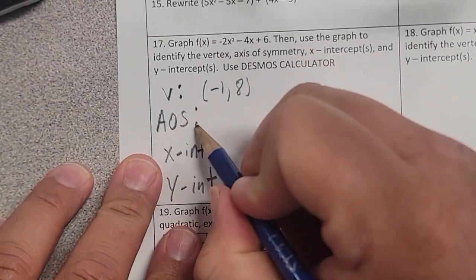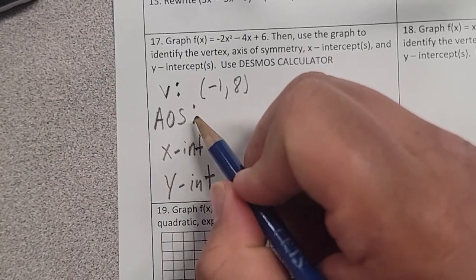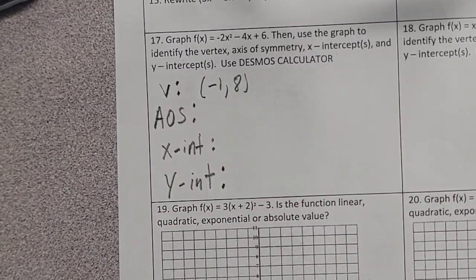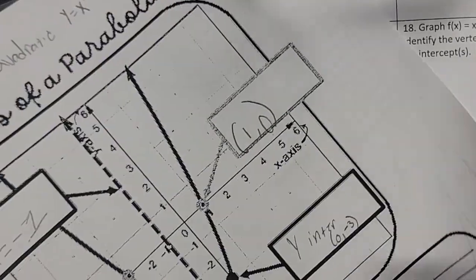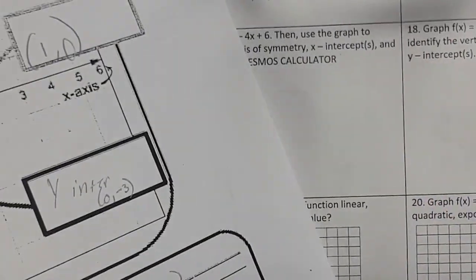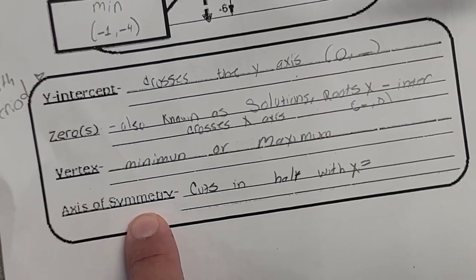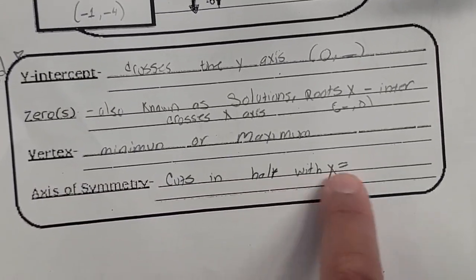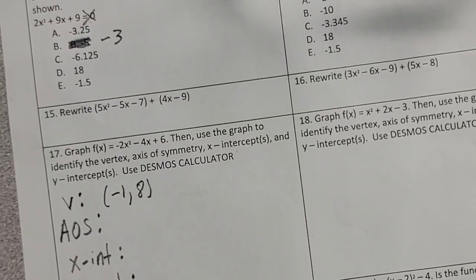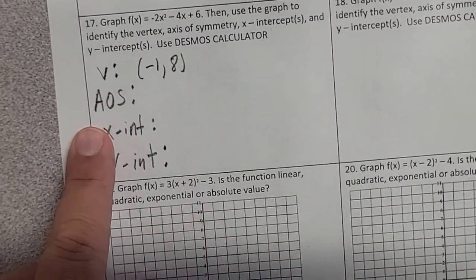All right. My axis of symmetry, all right, from the notes last time, my axis of symmetry has to be x equals. So talking about these notes right here. Let me show you. Axis of symmetry, it cuts it in half with x equals. So put x equals. Now you already have the answer for this one.